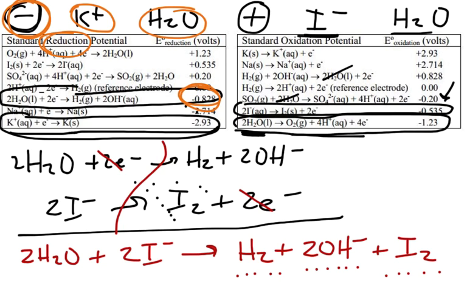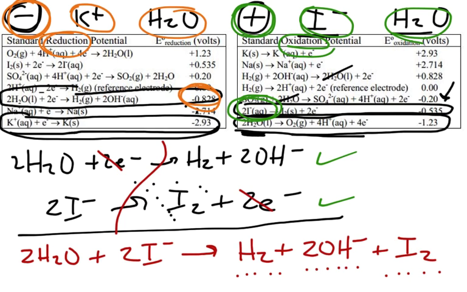And then if we go to the positive electrode, we want to look at the oxidation chart. Again, water is a possibility, but whatever the negative ion is in the solution is also a possibility. And in this case, iodine was more likely to change. So the iodine changed for here, the water changed for there, and we put the reaction together. And that's how electrolysis works.